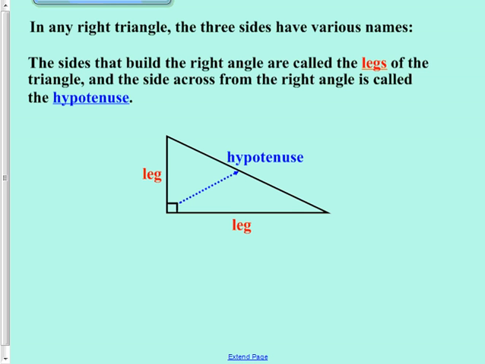Hypotenuse is a Greek word that means longest side. As we well know from our studies, the largest side of the triangle is always going to occur from the largest angle of the triangle. Since the right angle is the largest angle, that makes the side that is marked in the picture across from the right angle the hypotenuse.